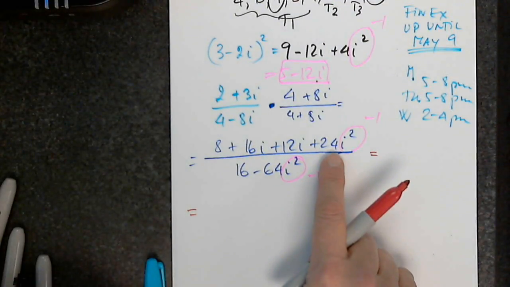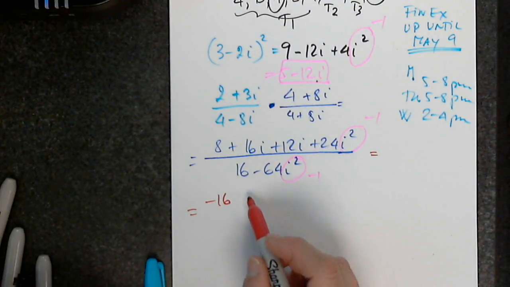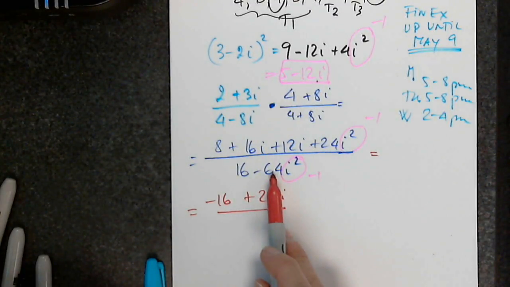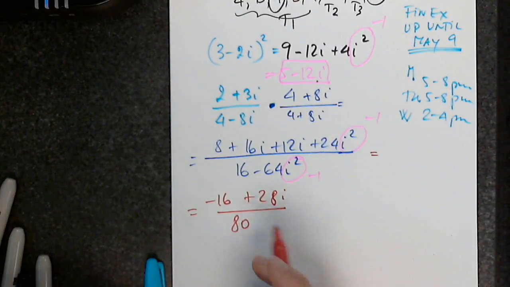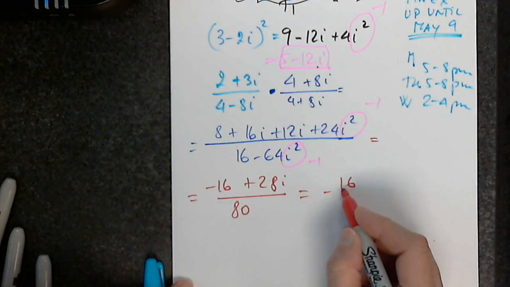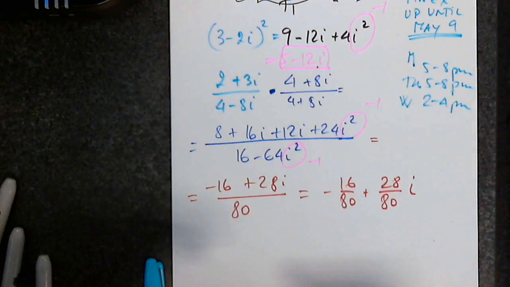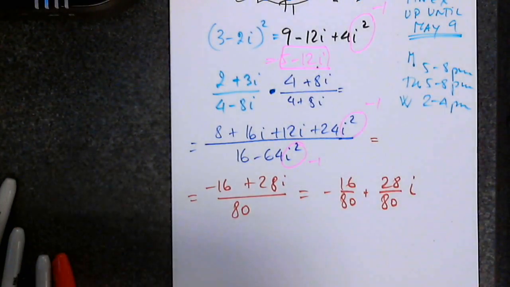So negative 24 plus 8 will be negative 16. And this is plus 28i. And this is negative with negative, right? 64 plus 16 will be 80. I separate negative 16 over 80 plus 28 over 80i. And I have to simplify as much as I can.